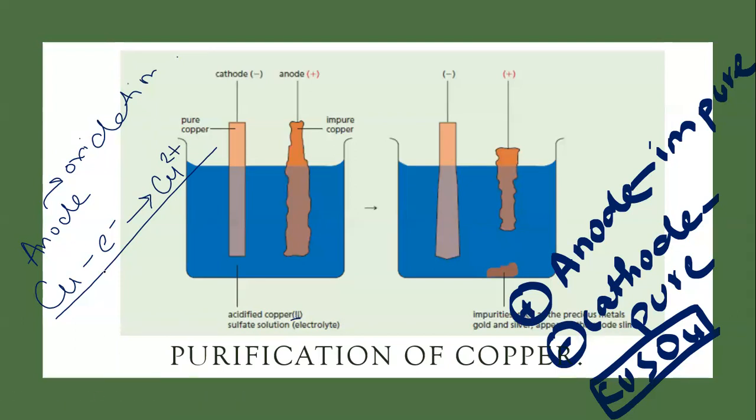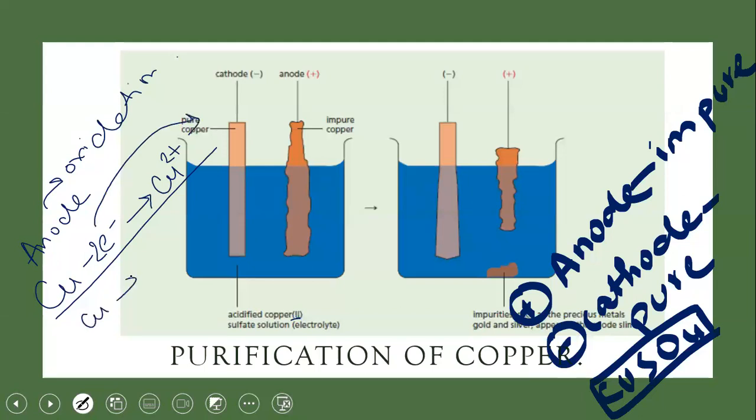So how many electrons should I add? I'm writing this equation. What happens at the anode? It loses electrons. So copper will lose electrons and become positive. They have written copper 2 plus, so it has a charge of 2 plus. How many electrons should I add to balance the equation? 2. And can you tell me one more correction I have to make to the equation? Do we move something? Yes, exactly, we move the 2e minus. So I'll move the 2e minus and this will be my equation.